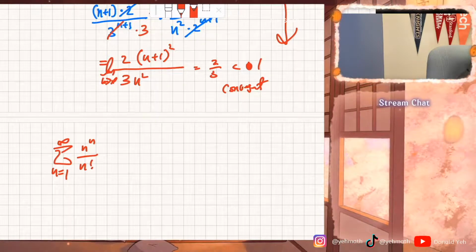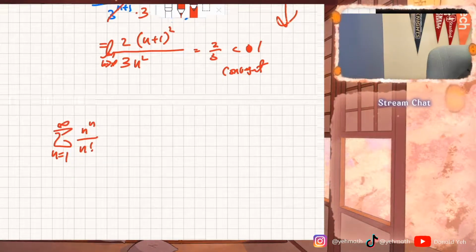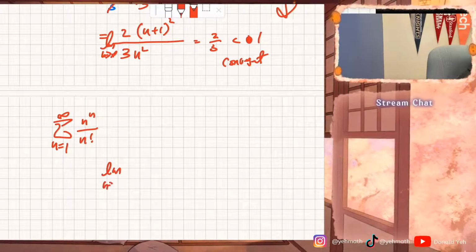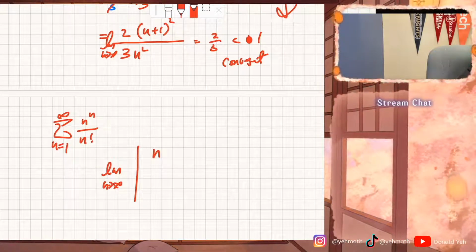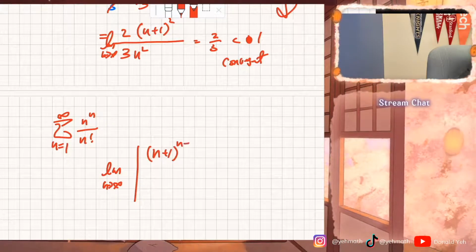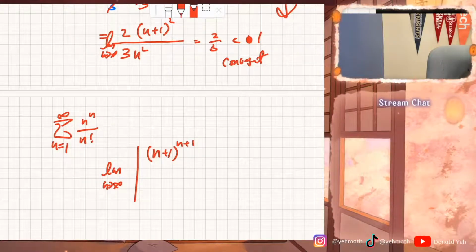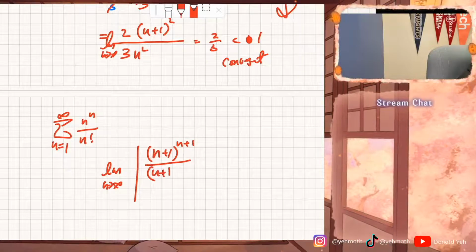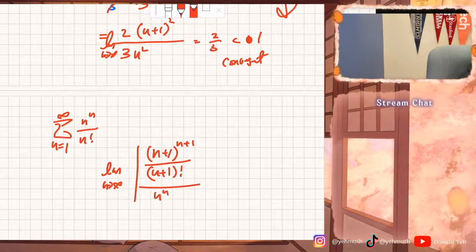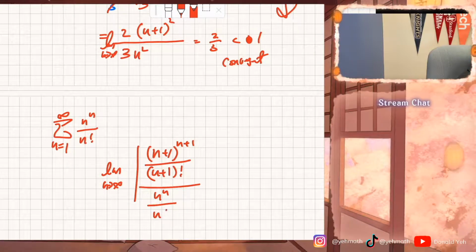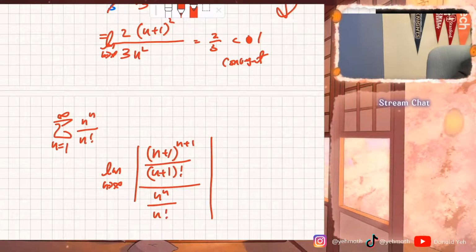This is the limit as n approaches infinity of the absolute value of (n plus 1) to the n plus 1 over (n plus 1) factorial, all over n to the n over n factorial.